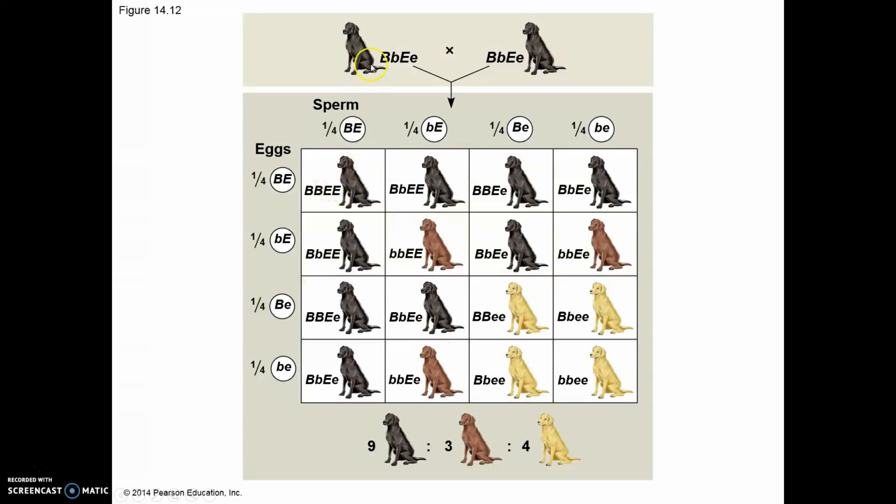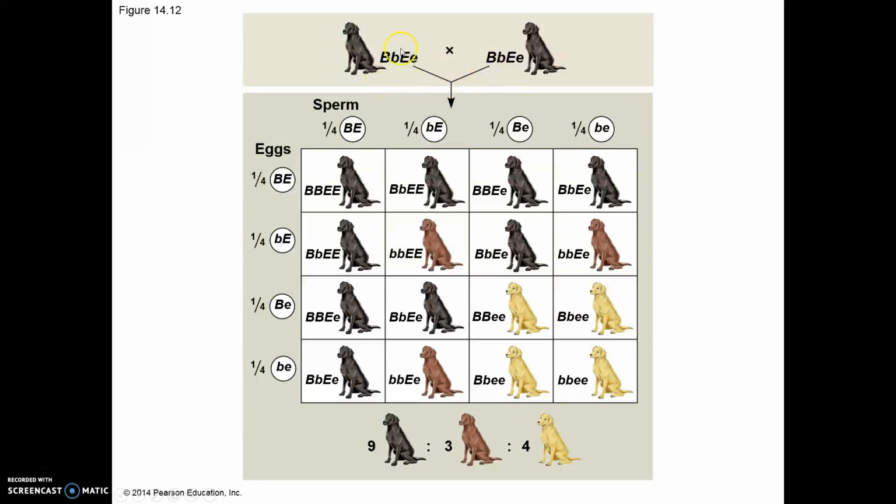As you may know, you can have black laboratory retrievers, you can have brown laboratory retrievers, also known as chocolate, and you can also have yellow laboratory retrievers. This is based on the fact that we have a two-gene scenario. So one gene, labeled as B, determines the pigment color. So it's either going to be black or brown.